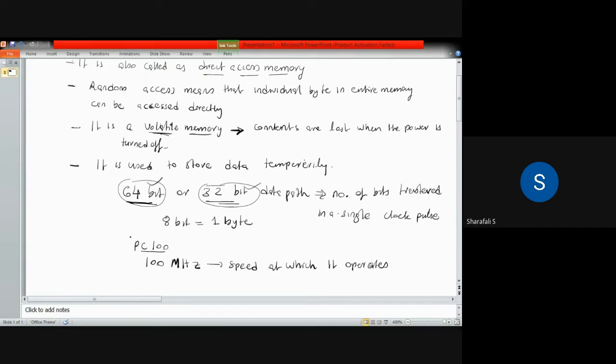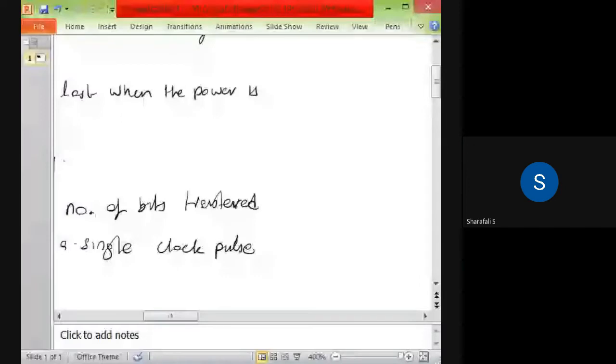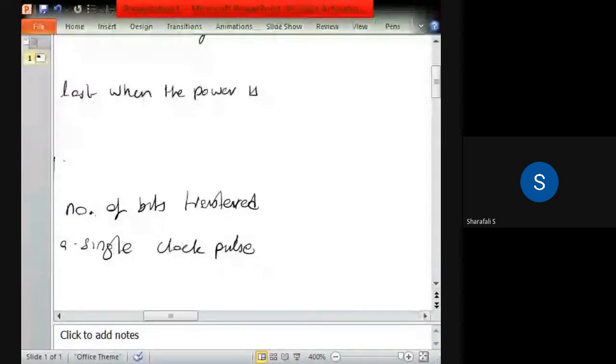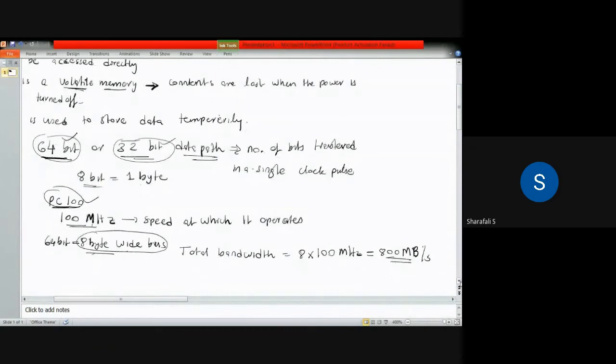So this is an example for one type of RAM, PC 100, okay. So this much will be the bandwidth of this particular RAM, 800 MB per second. That is the bandwidth corresponding to that RAM.